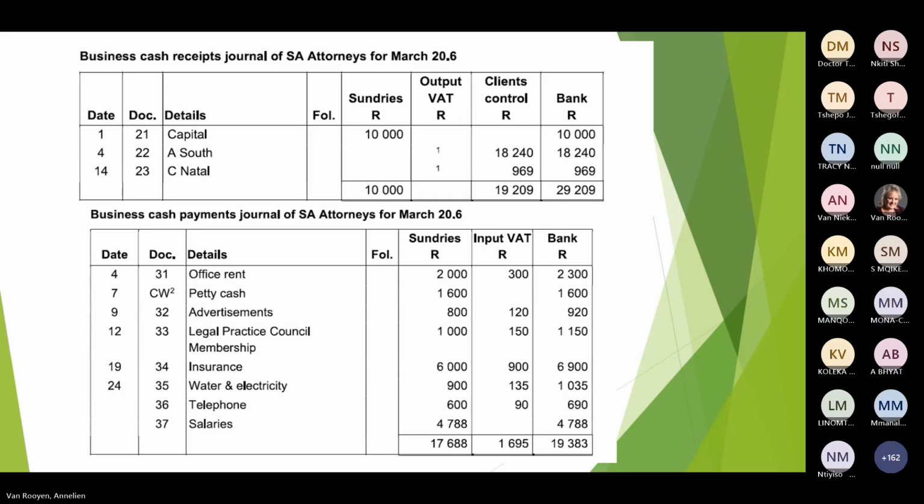Bantele? Good evening, everyone. I wanted to ask regarding the question where we calculate the cost price and the input VAT using 920. The lady said to calculate the VAT input, she used the 920 and subtracted 800.